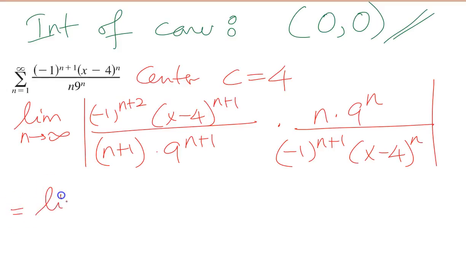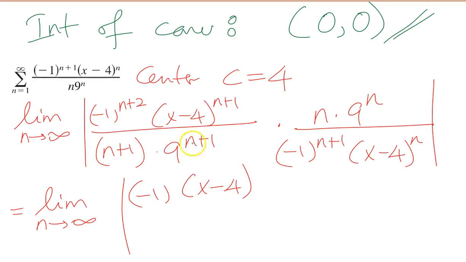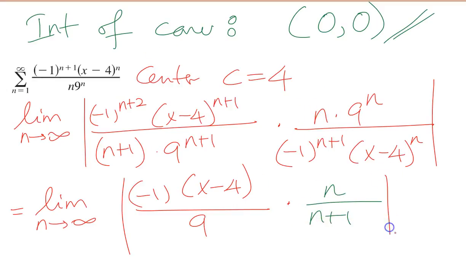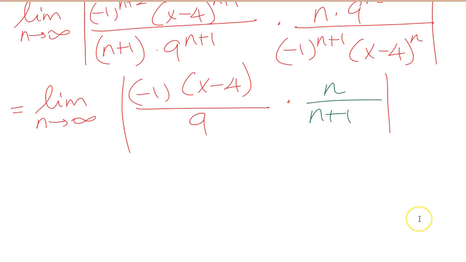Okay, so let's simplify the limit as n goes to infinity. We have an extra negative 1 in the numerator, an extra x minus 4 in the numerator. The power on 9 is n in one and n plus 1 in the other, so we have an extra 9 in the denominator. And look at the fraction, we have n here and n plus 1 here. Now let's compute this limit.